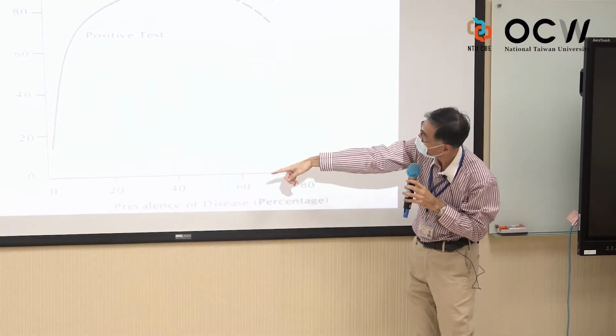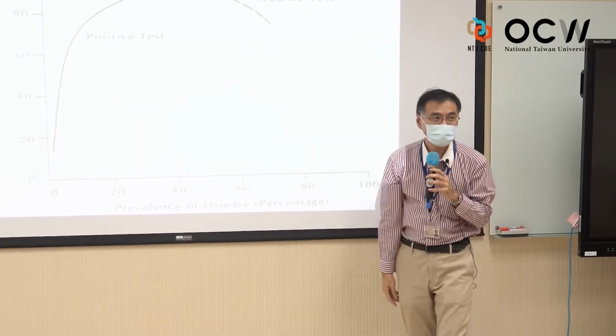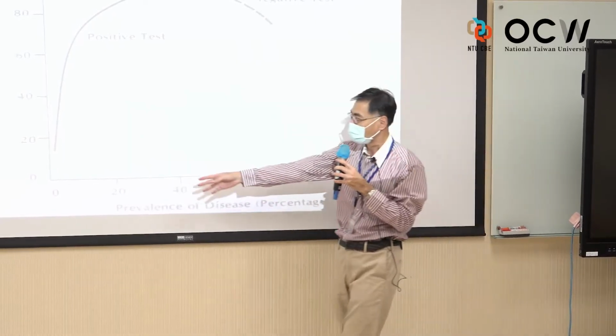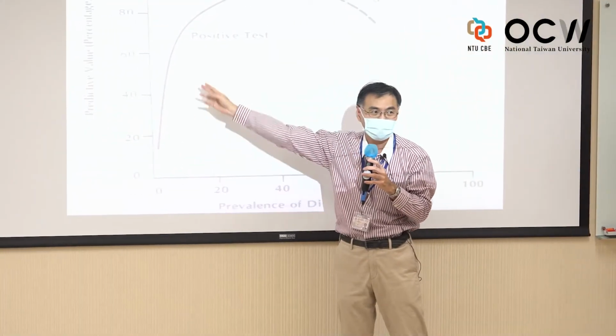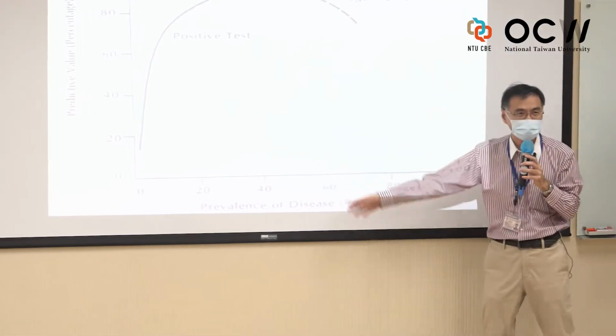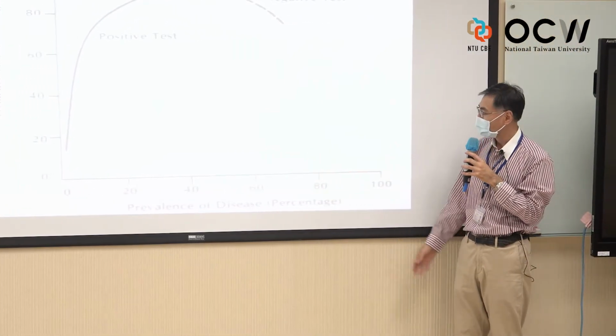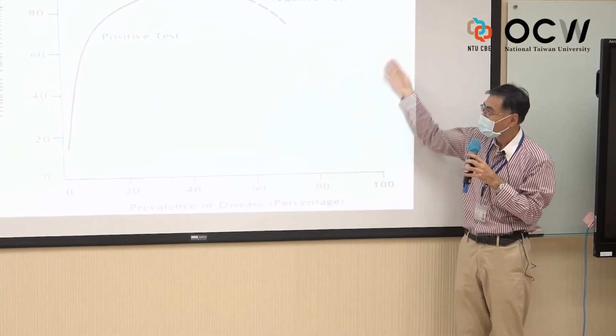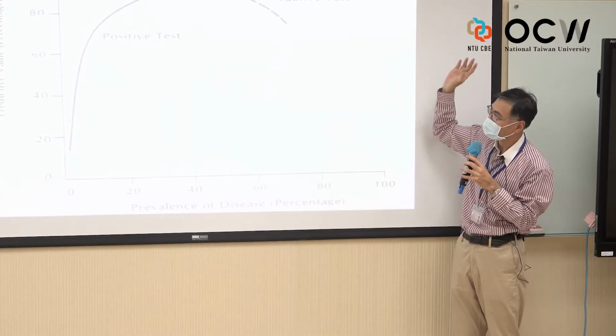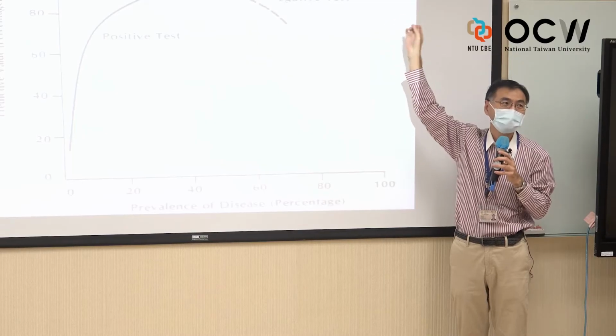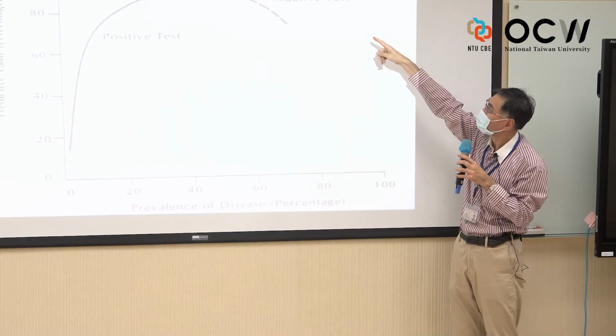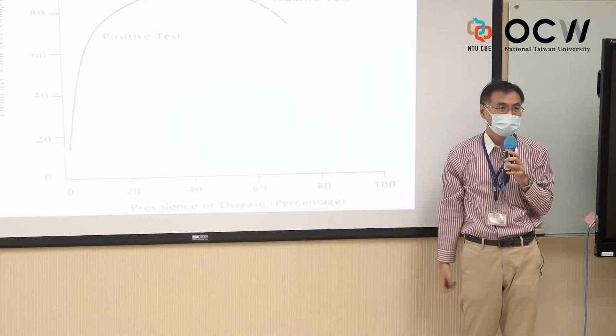Maybe the prevalence is about 40-something. It's maybe not so useful when the prevalence is so low in a population. And for a population with a very high prevalence, you're expecting a very high positive predictive value and good yield, but the negative predictive value might not be so good, right?